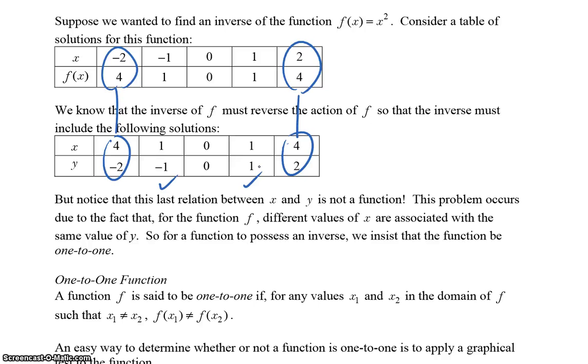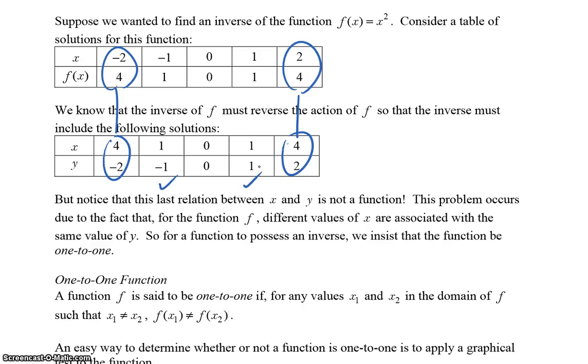A function f is said to be one-to-one if for any values x1 and x2 in the domain of f such that x1 and x2 are not equal, are different, the function values have to be different as well. F of x1 cannot equal f of x2.